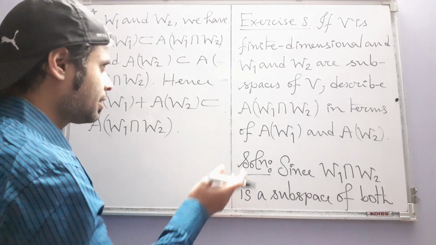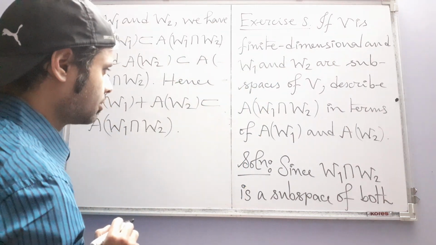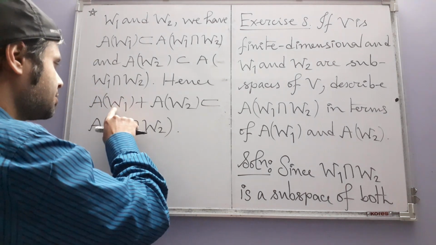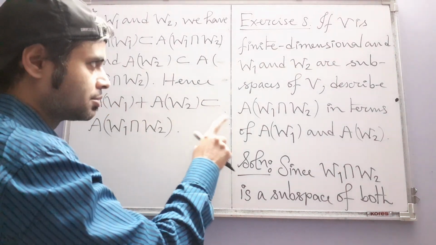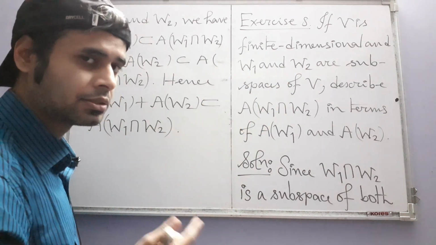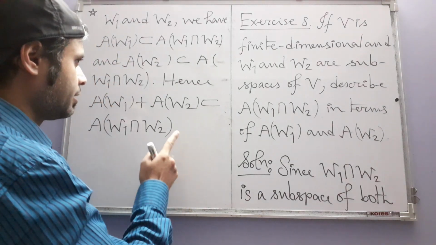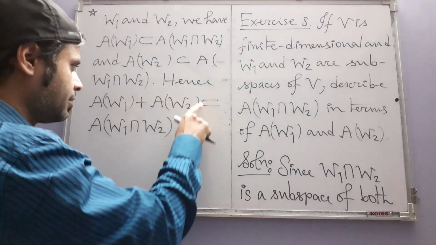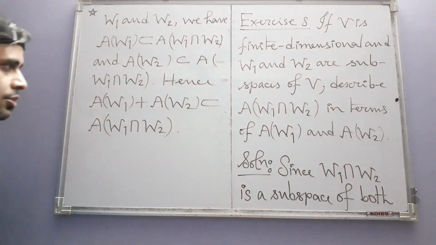See, it's given that our V is finite dimensional. So the subspaces W1 and W2 themselves are finite dimensional being subspaces, and as a result, their annihilators are also finite dimensional.